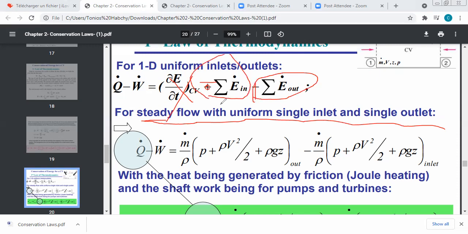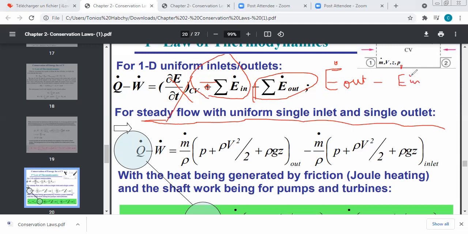Now let us interpret how these terms will be written when we have flow with uniform single inlet and single outlet. So I have one inlet, one outlet, and I want to find the expression of my E dot out and E dot in. So I go back again to my formula.